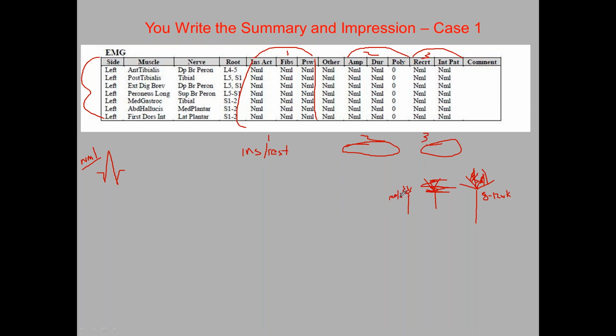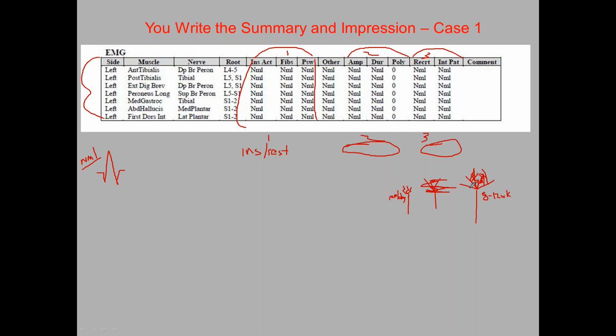Unless we have a complete lesion, these guys way back here are never going to get there, because these collateral sprouts on nerves that are closest to the canopy or closest to the target will send collateral sprouts that get there much faster.